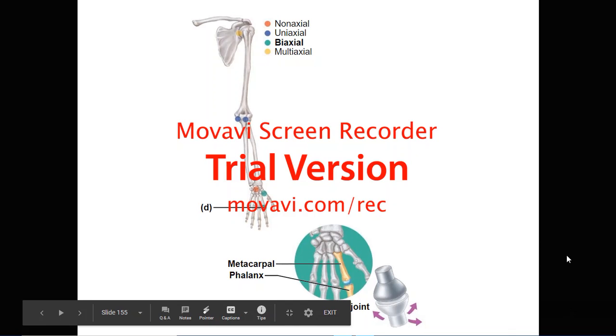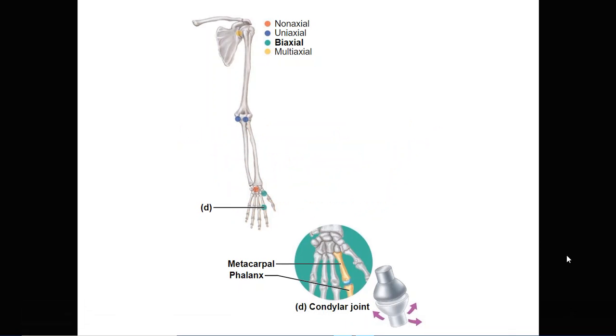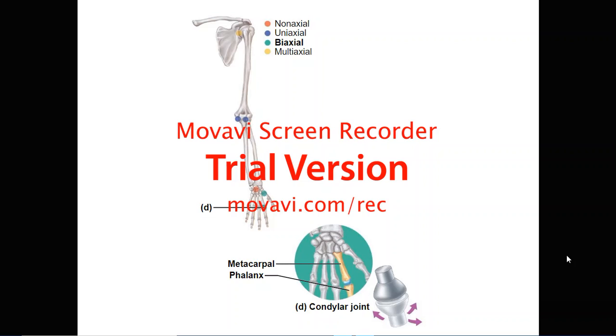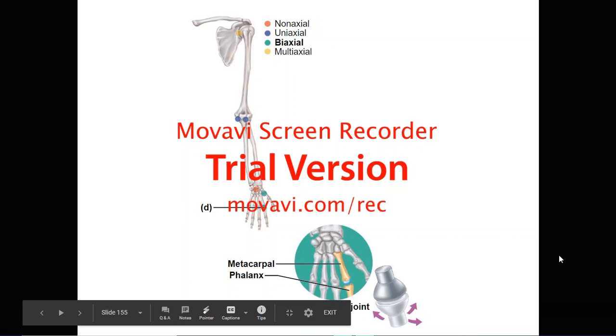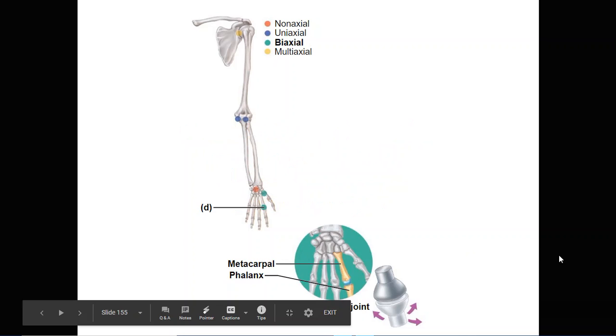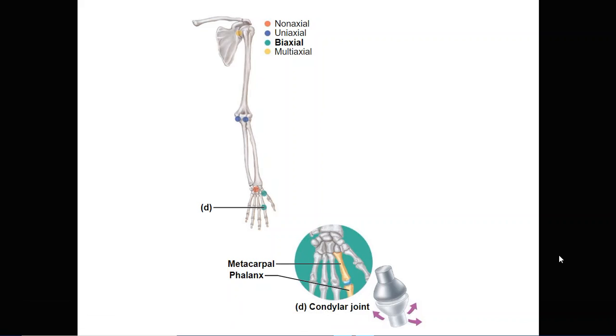On this figure, we see an example. You see the teal green example of a biaxial joint. So remember, biaxial means movement in two planes. All right, so the metacarpal phalangeal joint, which is what's highlighted in this figure, is an example of biaxial movement.